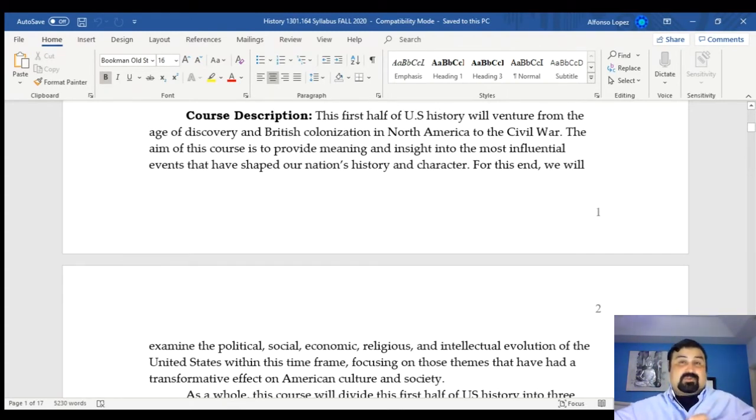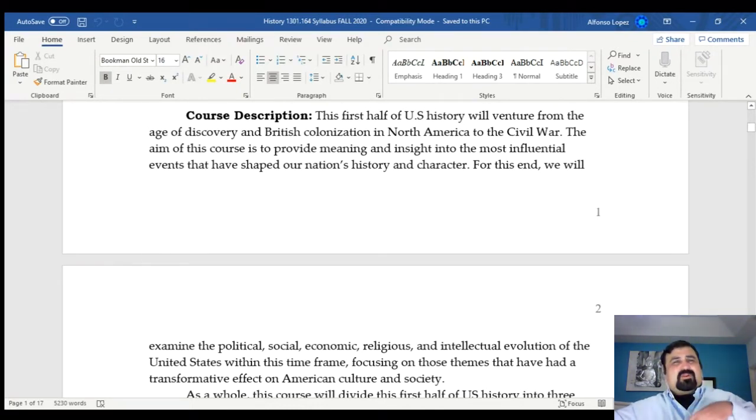We're going to also examine the rise of the slave trade as well, because there will be, again, the introduction, of course, of peoples from Africa in very great numbers into the Americas. We're going to be looking at the introduction of slavery, particularly in the colony of Virginia as well.